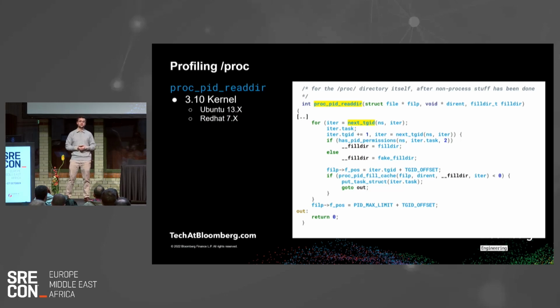So if you're using Ubuntu 13 or Red Hat 7, you're most likely running the same kernel. And don't dig into this function too much. All I want you to take away from it is that it's used to generate the /proc process entries. And the main work of this function is done in this loop where we iterate over tgids. And we repeatedly call this next tgid function. Keep that in mind shortly.